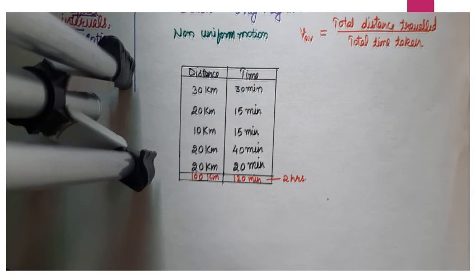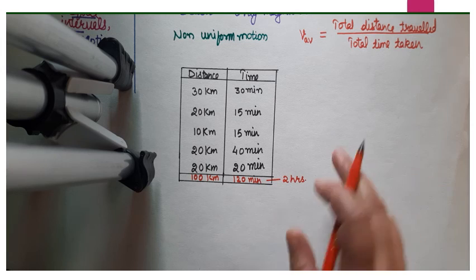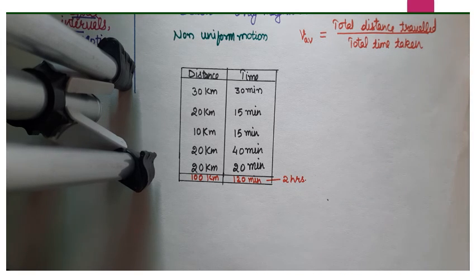Let us understand this situation of average speed through a simple example. Suppose a car is undergoing a journey of 100 kilometers, which it completes in a time of 2 hours. Now, it does not travel with a constant speed all through the journey.